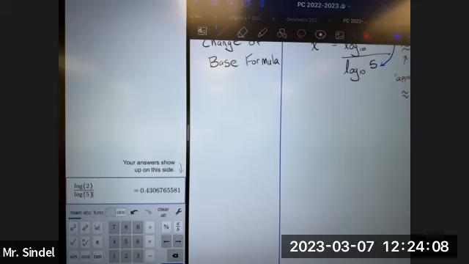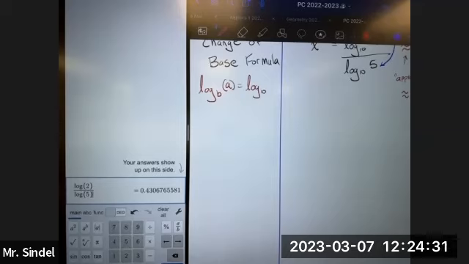Would you like me to give you the official change of base formula that you'll see in the textbook, just so you can have that in your back pocket? The change of base formula states this. If you have log base b of a, I was running out of letters. Log base b of a is the same thing as log base anything. I'm just going to choose 10.